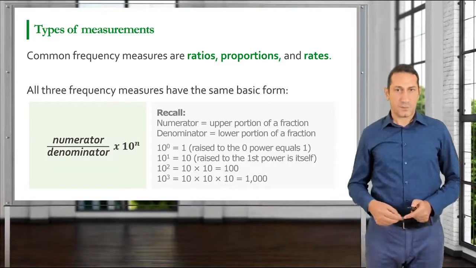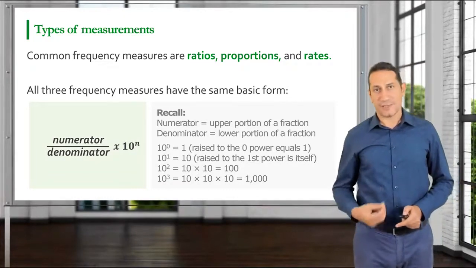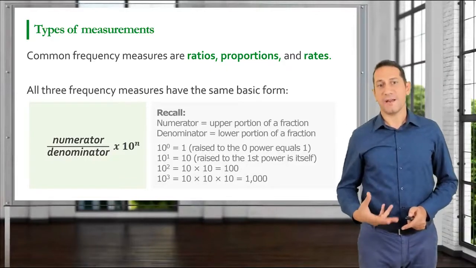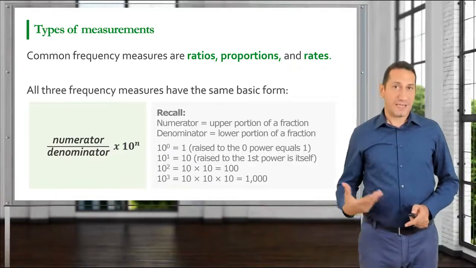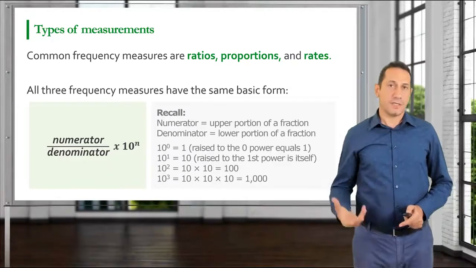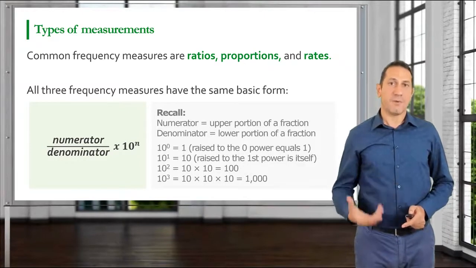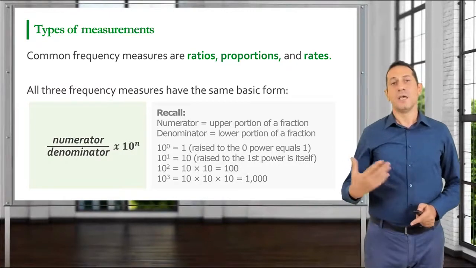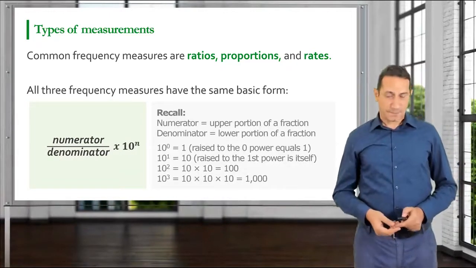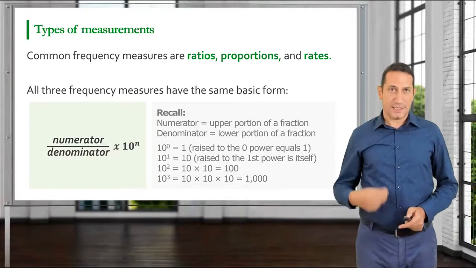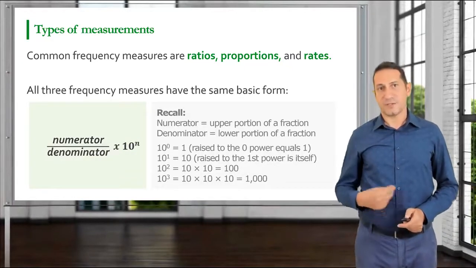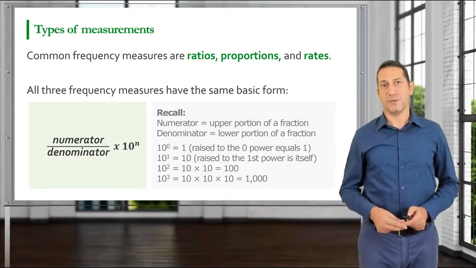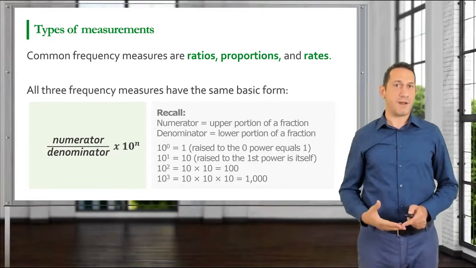So the numerator and denominator can be summed up with the multiplier, which, depending on the measure, makes more sense, and it's normalizing, let's say, the measure itself. But we'll see the use of the multiplier based on specific measures in future when we talk about incidences, prevalences.